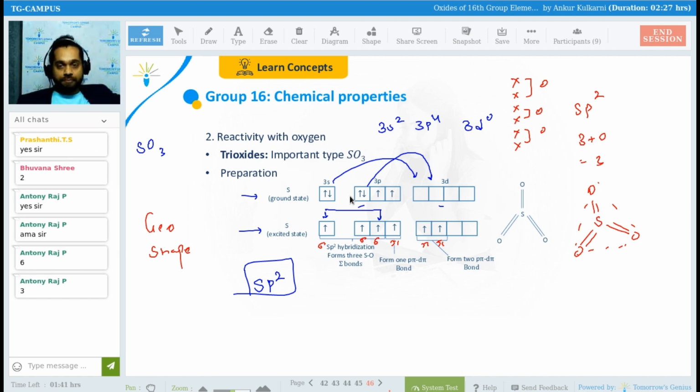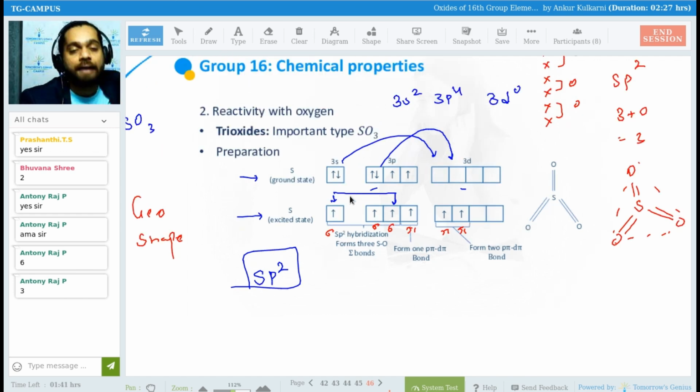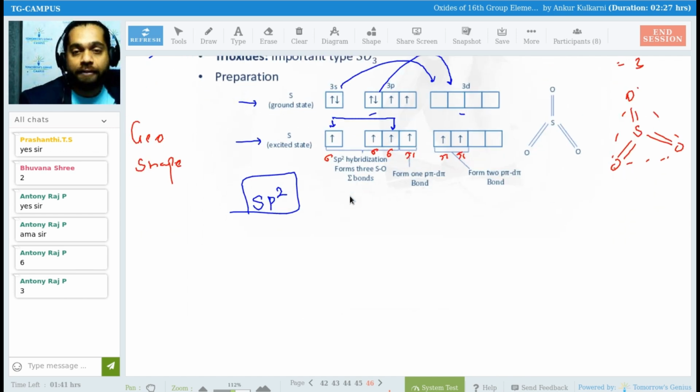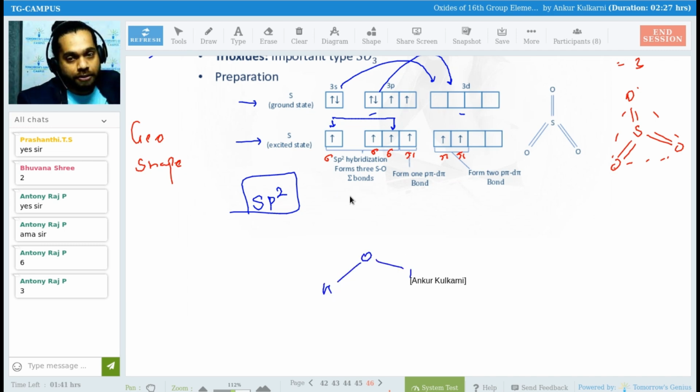Sir, why 3 sigma bonds? Because, Anthony, whenever you form a multiple bond, for example, if I have H2O, when you form a single bond, we call it a sigma bond.